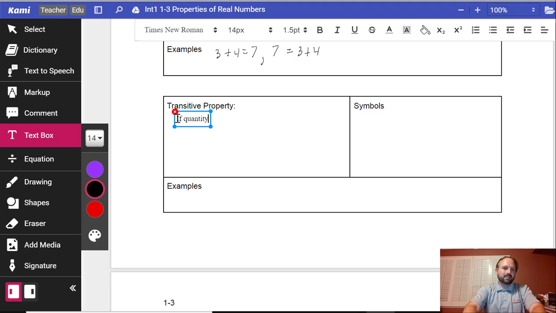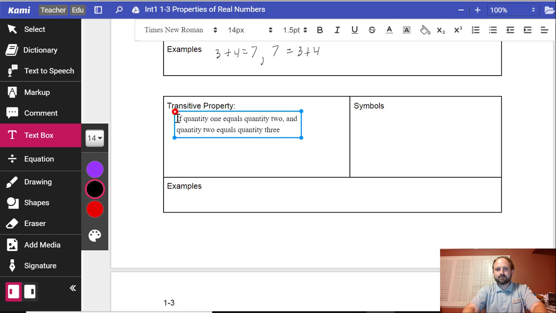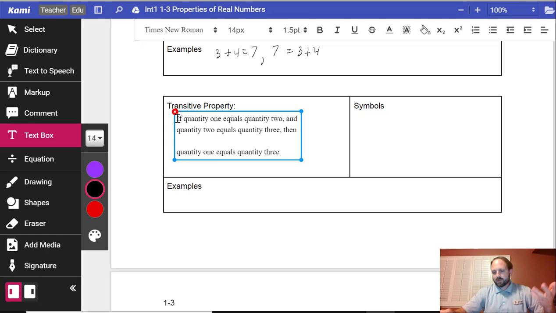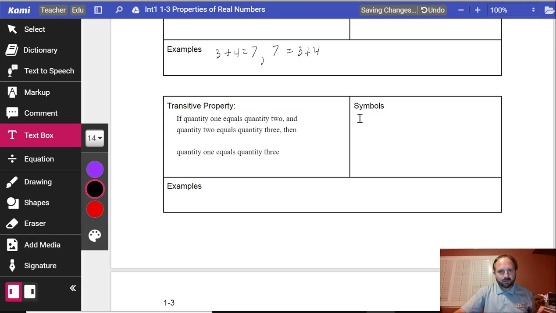If quantity 1 equals quantity 2 and quantity 2 equals quantity 3, then quantity 1 equals quantity 3. Well, let's write out the symbols.